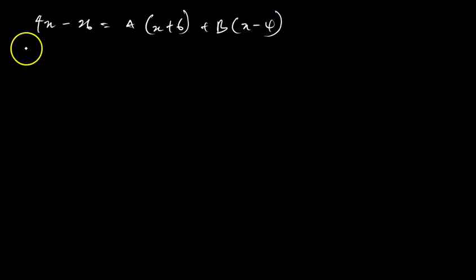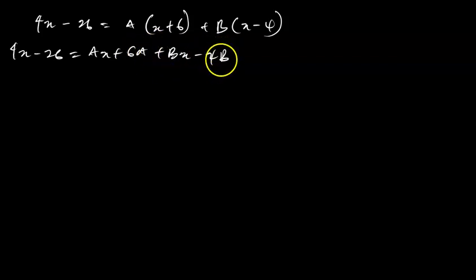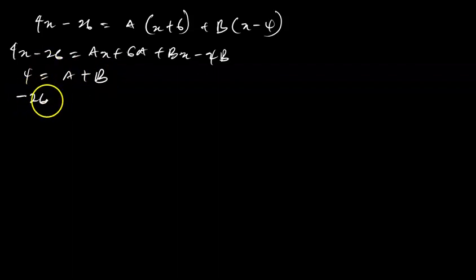So we'll solve for A and for B. We know that 4x minus 26 is the same thing as opening the bracket: Ax plus 6A plus Bx minus 4B. So for equating coefficients, everything that has x, we equate them together: 4 is equal to A plus B, while minus 26 is the same thing as 6A minus 4B.